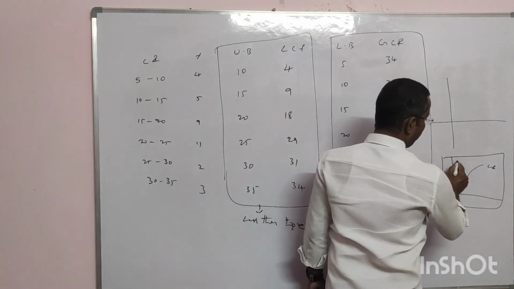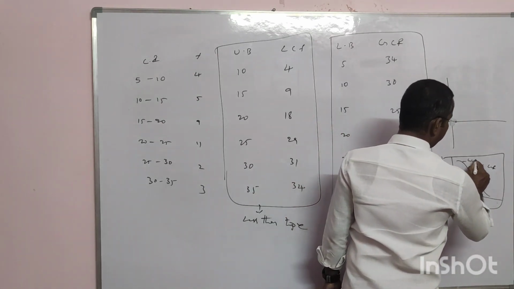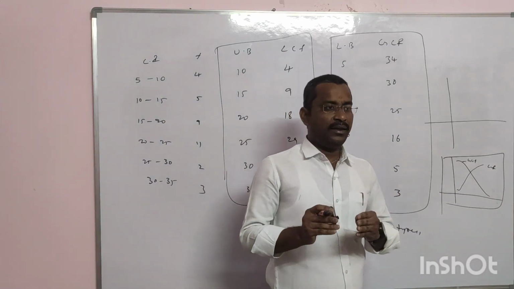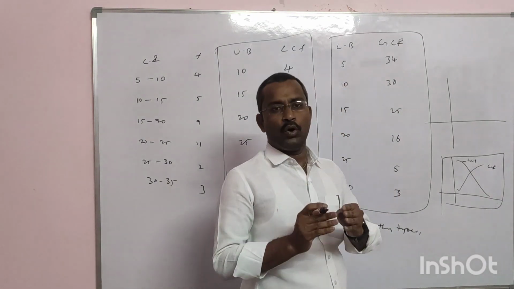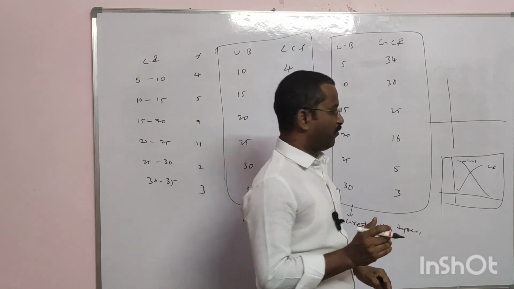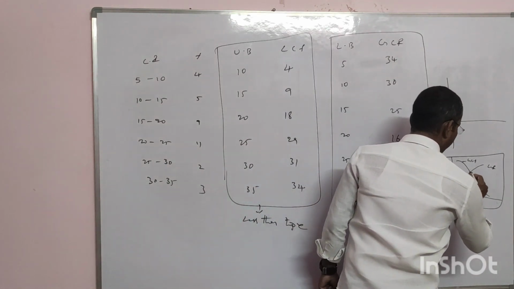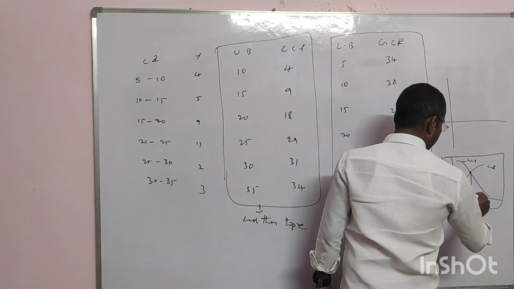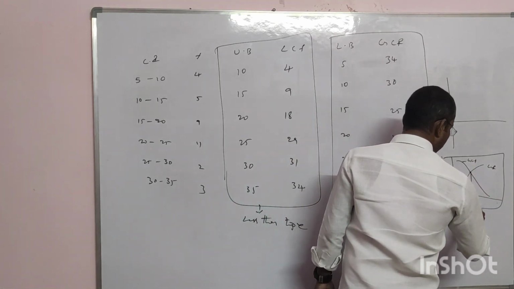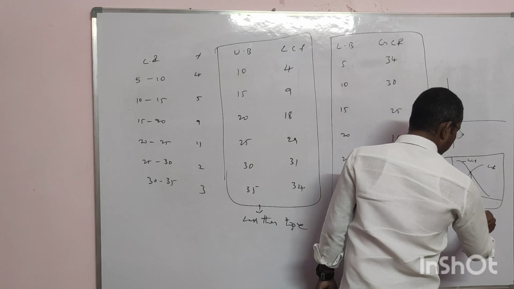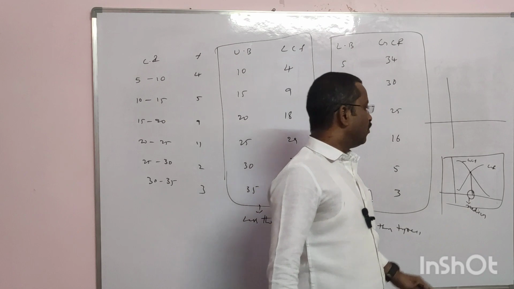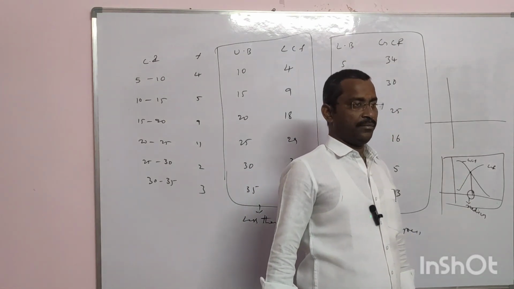And always greater than type will be like this. This is GCF type. If they are asking by using both curves, where do they intersect? For example, they intersect here. Whatever the value drawn down, this is going to be your median, on the x-axis where it touches, when two curves are given.